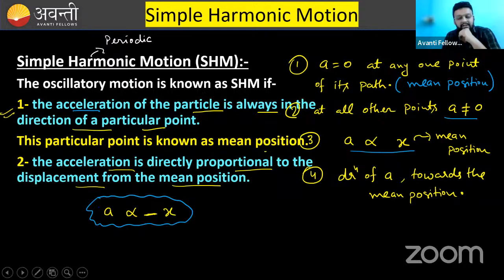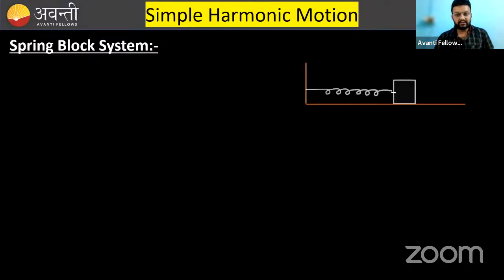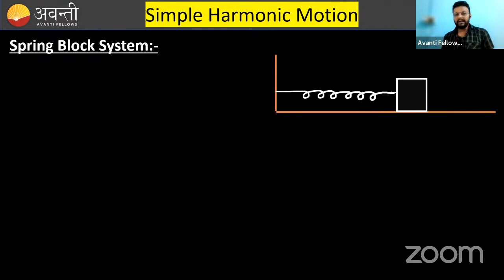Now, moving further. The example of simple harmonic motion, or SHM, is a spring block system that I am going to present here on the screen. Let's suppose this is a spring and this is a block, and the block has some mass m.